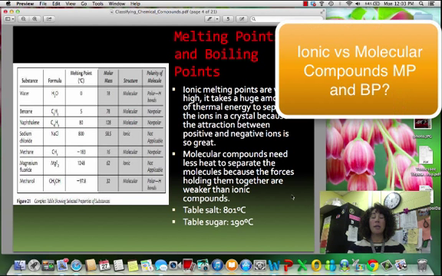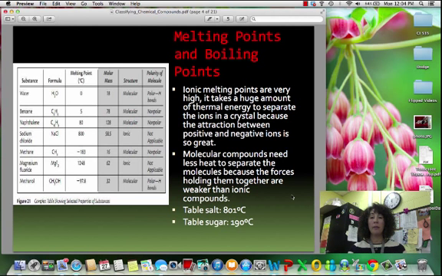Now, we mentioned that ionic compounds have very high melting points, and so it takes a large amount of energy to separate those ions that make up the crystals. Again, because that bond, that attraction between the positive and the negative is so strong.